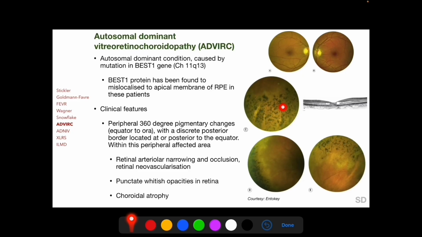Within this peripheral affected zone, retinal arteriolar narrowing and occlusion, retinal neovascularization, punctate whitish opacities on the retina, and choroidal atrophy can be found. But the posterior pole in this condition appears relatively normal.